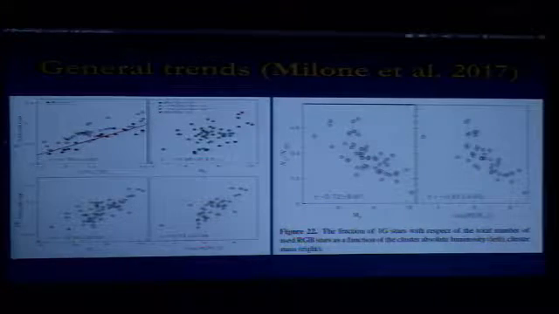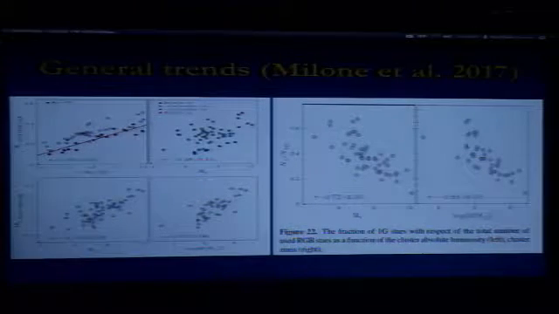Okay? This reproduces what we found with the interquartile range for the oxygen-sodium abundance distribution. And this is based on a large sample of clusters, of the order of 40, 50 clusters. Some of them overlap with the clusters that we observe, some are others. But at the end, they confirm each other, all these results.